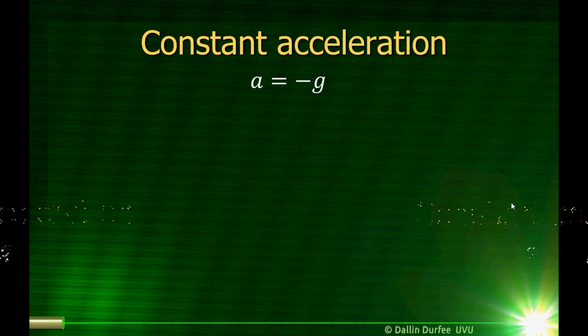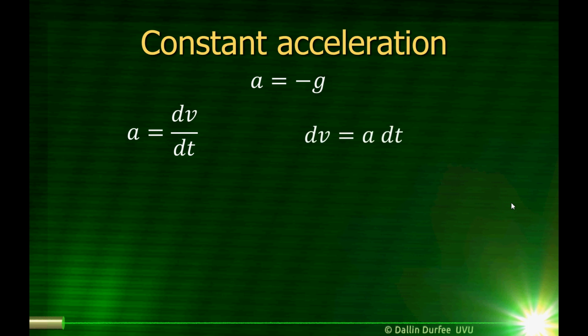If I know that the acceleration is minus g, what will be the velocity of the object as a function of time? If the acceleration is constant negative g for all time, how would I find the velocity at all time? Well, remember, acceleration is the derivative of velocity with time. So a little change in velocity is acceleration times a little change in time.